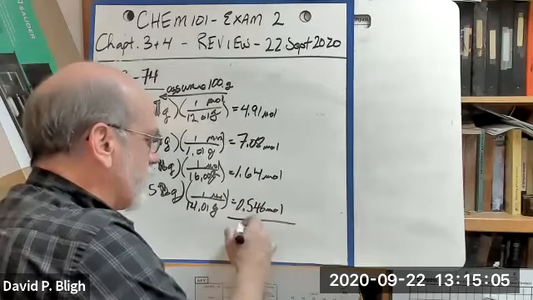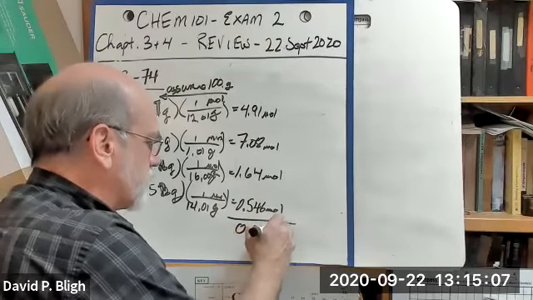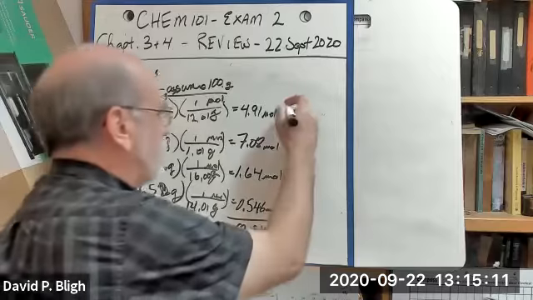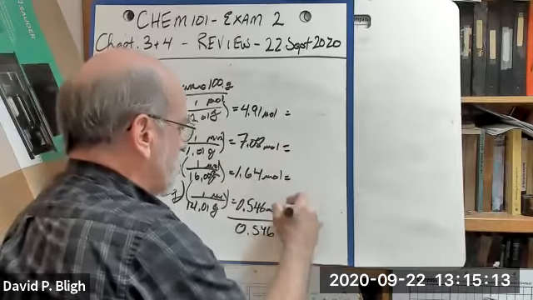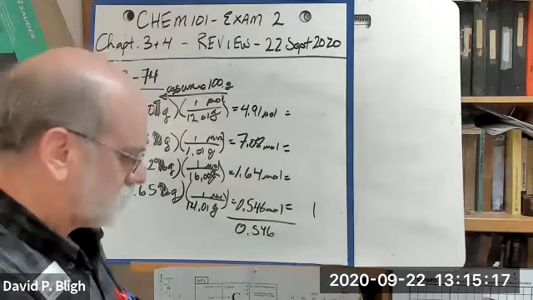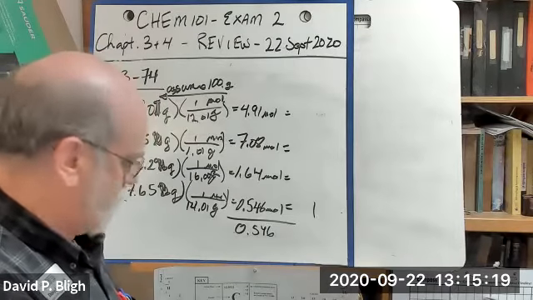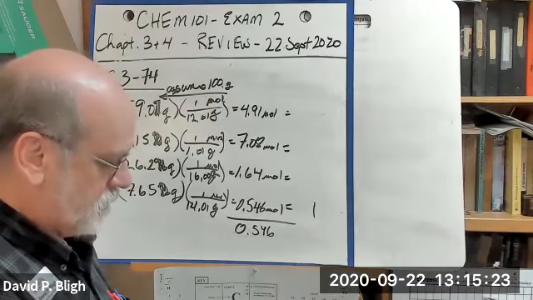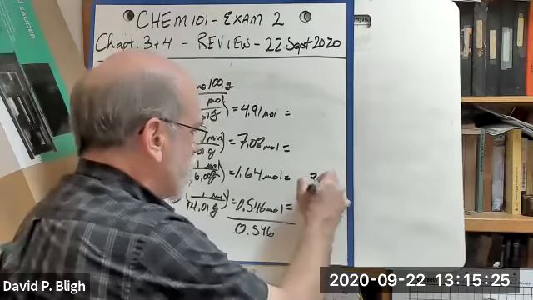So we divide everything through by 0.546. Right? That means divide the whole stack. That one's going to be 1. 1.64 divided by 0.546. This one is 3.